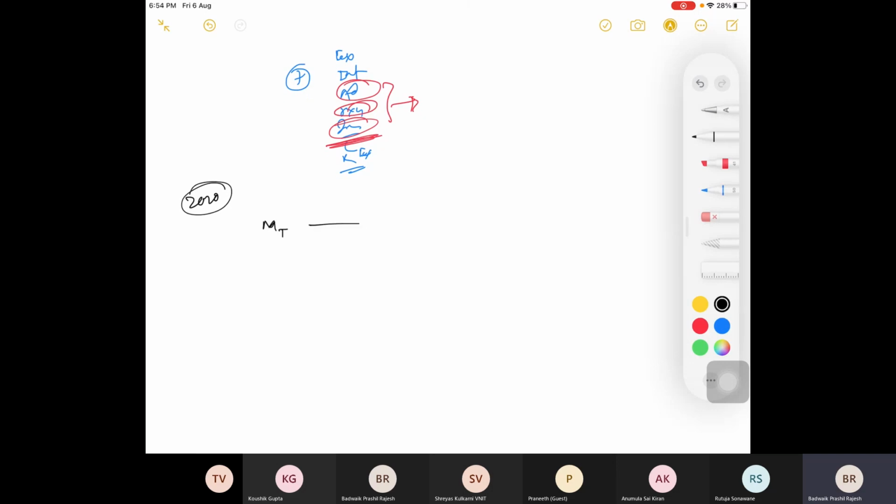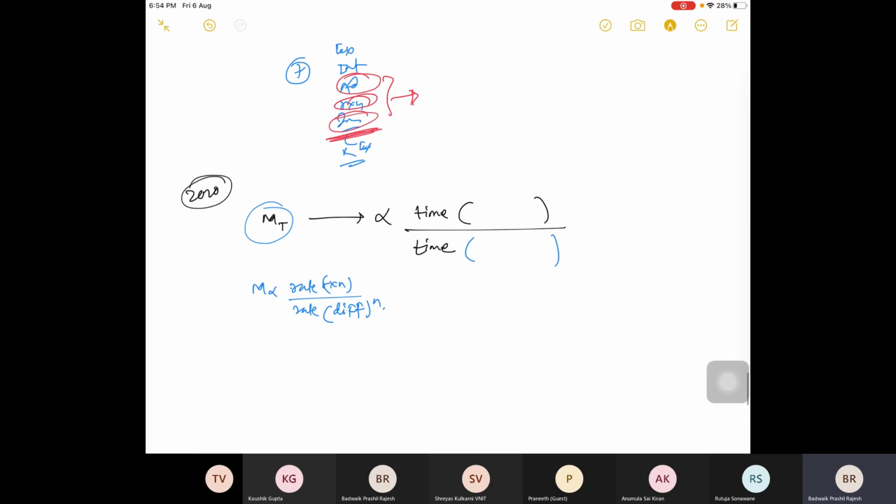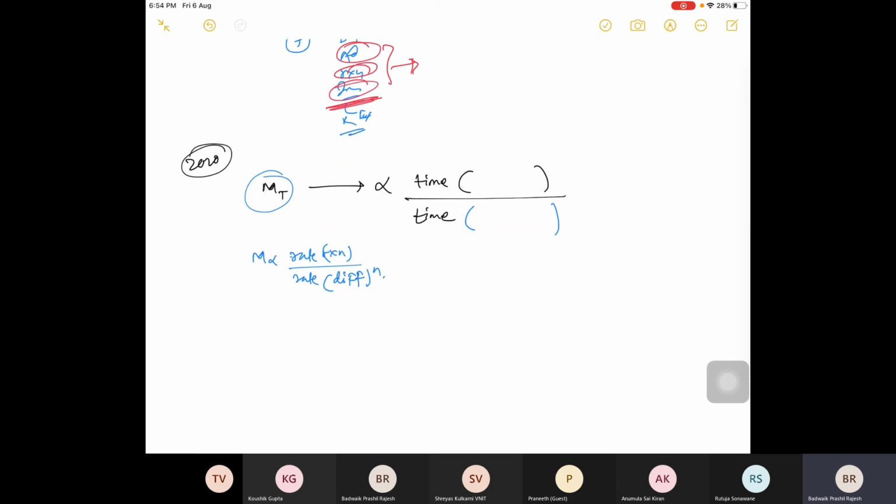It asked Thiele modulus is directly proportional to what, in terms of time. I also told you this question previously. Thiele modulus is directly proportional to rate of reaction divided by rate of diffusion. So in terms of time, what will that be?